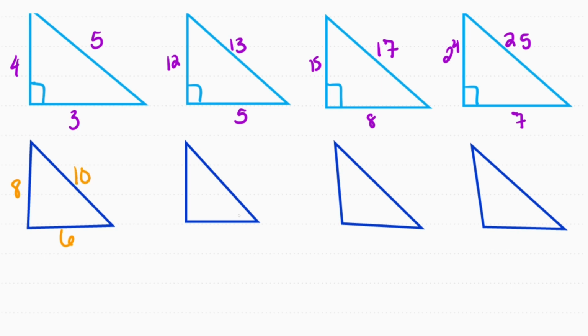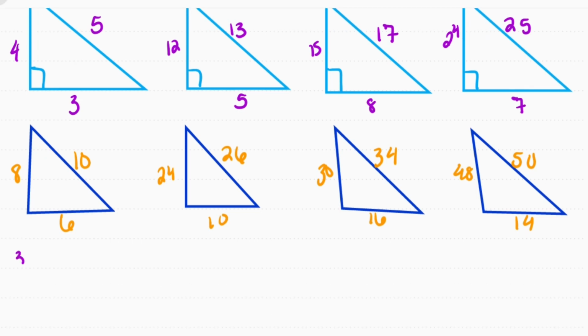And that the next one is a 10, 24, 26 triangle. Or that the other one is a 16, 30, 34 triangle, and a 14, 48, 50 triangle. So what did I do? I multiplied all the side lengths by 2, right? I said 3, 4, 5. I multiplied them all by 2, and I got 6, 8, and 10.